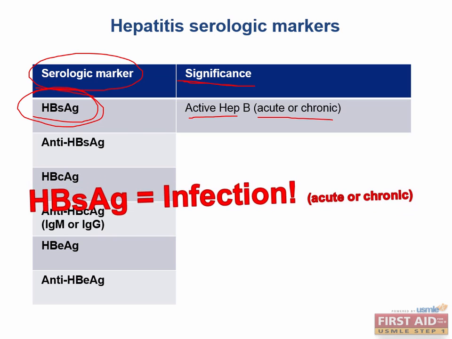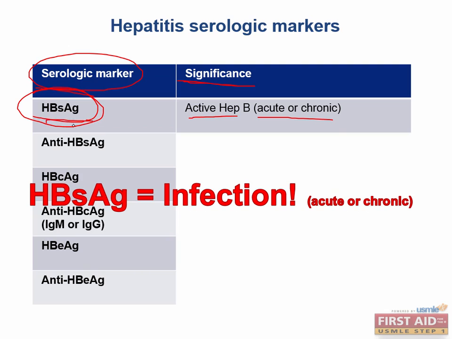I want to make this really clear. If you see on your test that there is a positive HB surface antigen, the answer will either be chronic or acute infection. You can immediately rule out recovered infection or previously immunized as answer choices if they have the surface antigen in their serum.